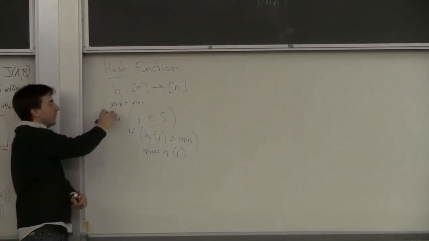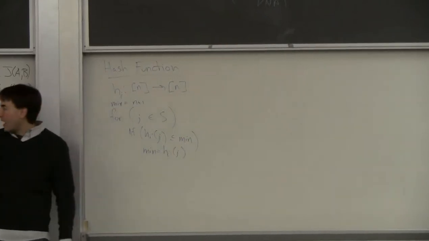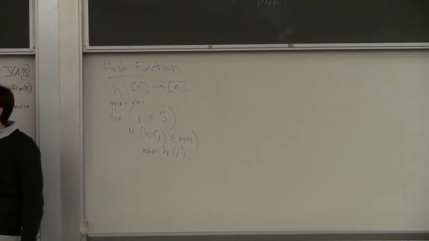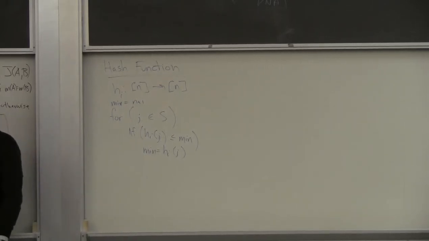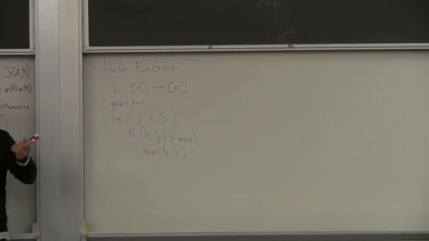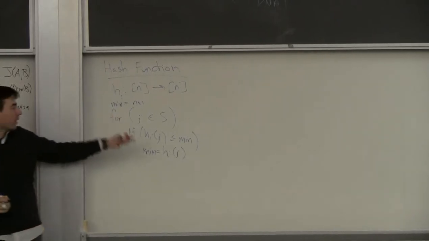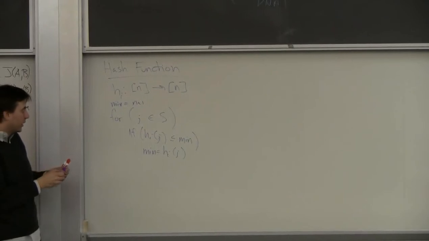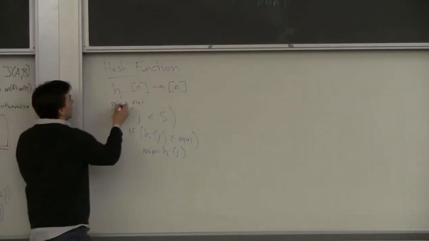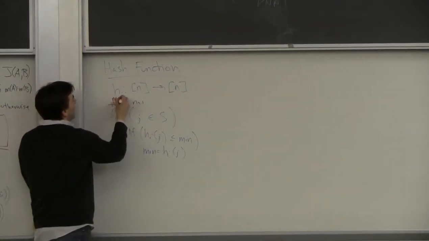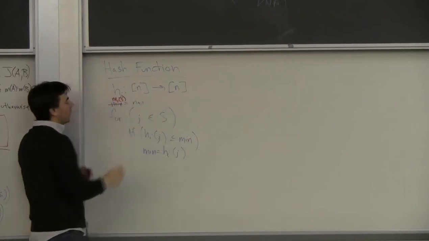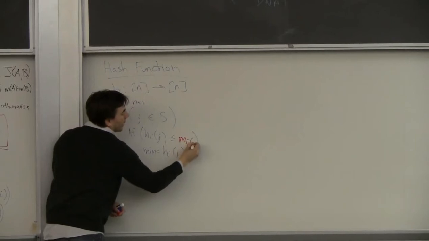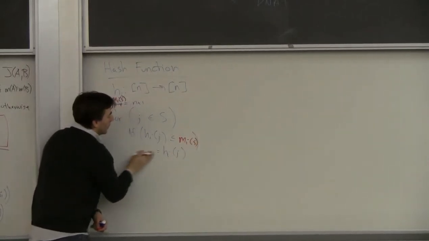In fact, this value min at the end will end up being a representative, this value m_i. If our set is going to be one of these k-grams, we don't need to store the k-gram. We can just store a representative value of the hash function. So instead of using this value min, I can use m_i of s. It starts out something large. If it's greater than m_i of s, then I replace it.